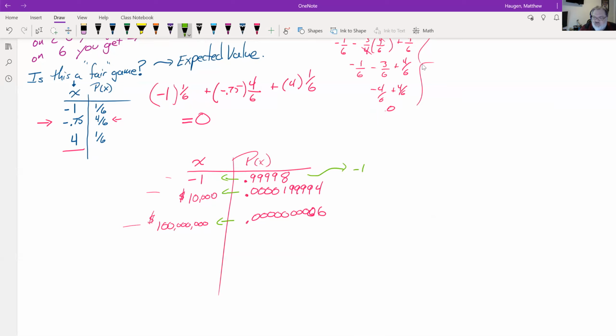So the -1 times 0.99998 plus the 10,000 times its probability, 0.000019994, plus the grand prize of 100 million times 0.000000006.